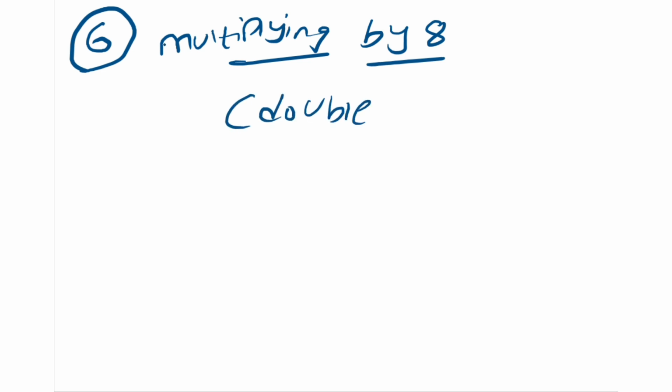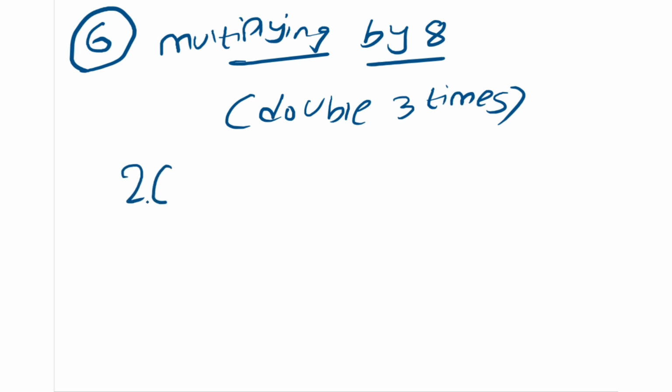If you want to multiply any number by 8, you need to double it 3 times. Simple. I'm not going to tell you any new tricks. It's very easy. What I'm doing is splitting up the multiplications and making multiplications very easy for you. If you want to follow any other tricks also, you can freely follow, but what I found easy are these kind of tricks.